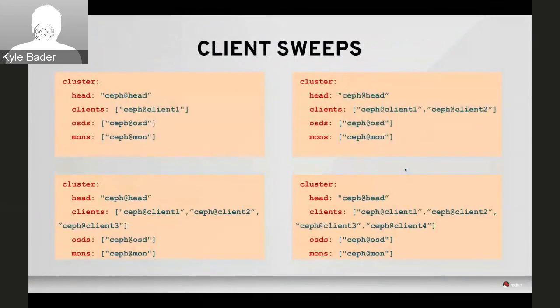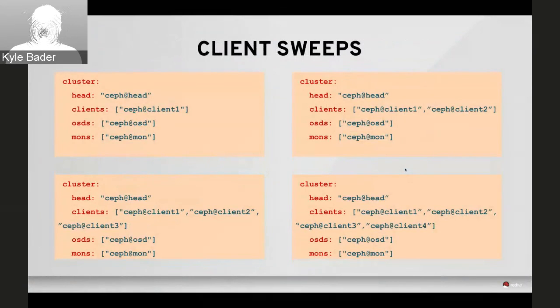So how do you do client sweeps? I talked a lot about how you want to run with one client and then continue to add more clients. Typically, currently, this is done by creating separate test plans and then having a different list of elements in the clients array, right?